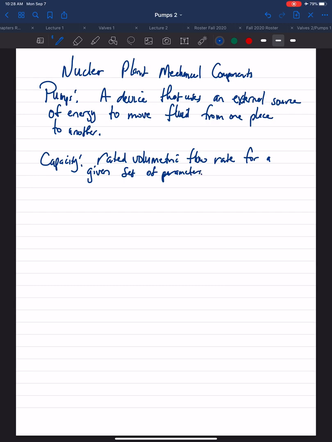And we said we normally express the capacity in units of gallons per minute or cubic feet per second.